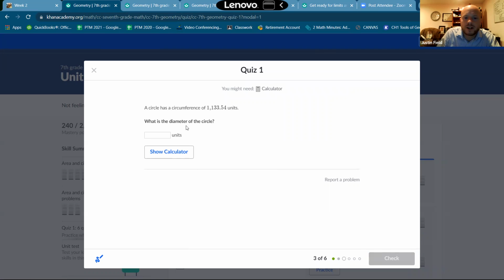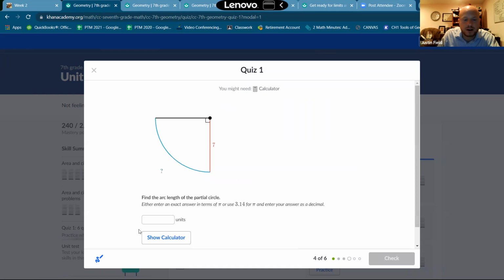A circle has a circumference, so use that circumference formula. Make sure you know the diameter is 2 times the radius. Find the arc length. We should talk about that. I'm going to give you the geometry formula, but this is 7th grade geometry.